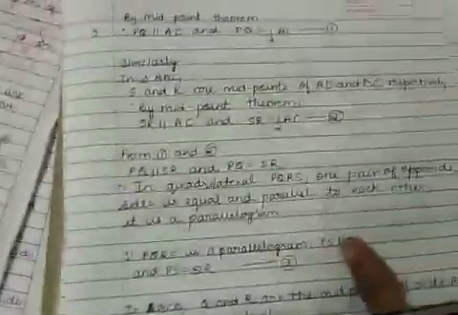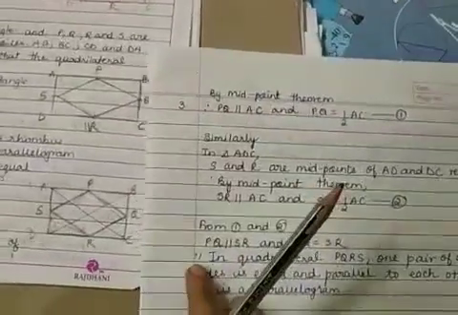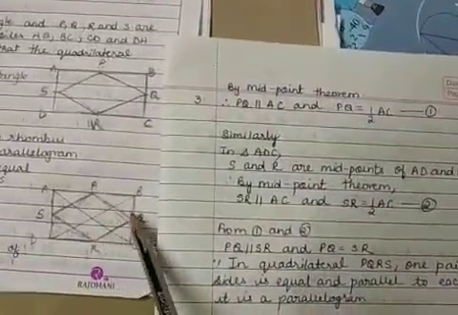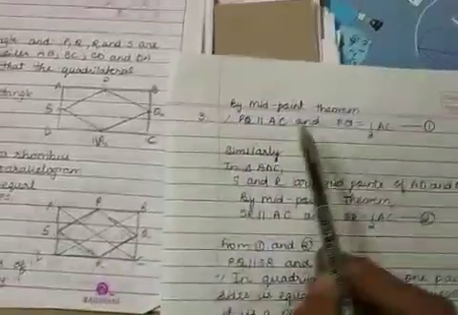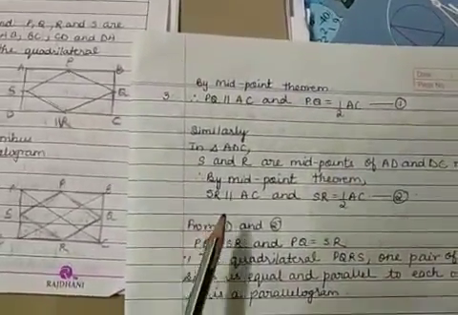So by midpoint theorem, we can say that PQ is parallel to AC and PQ is half of AC. So let us number this equation as 1.